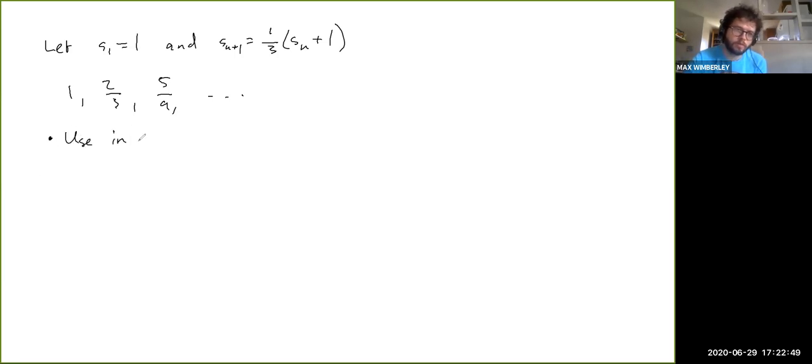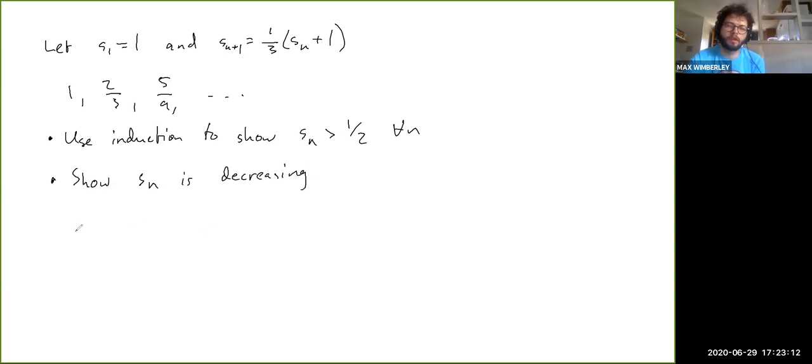Use induction to show Sn is greater than 1/2 for all n, and then show Sn is decreasing, and then conclude Sn converges, and calculate the limit.